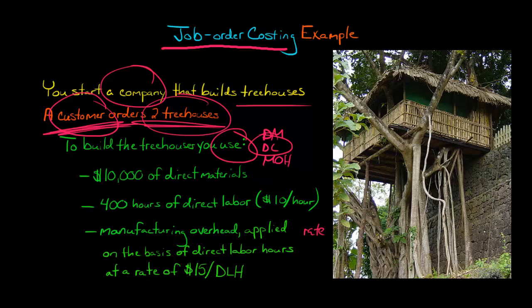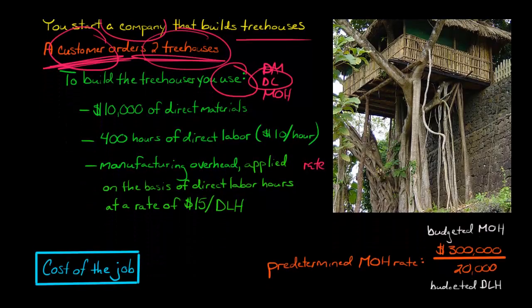It's very difficult to predict. And so we'll say in this case that there's a rate of $15 per direct labor hour. Okay, this DLH is direct labor hour. And so if there's 400 hours of direct labor, that'd be times 15. So we'll say that $6,000 of manufacturing overhead is going to be charged to or allocated to this job.